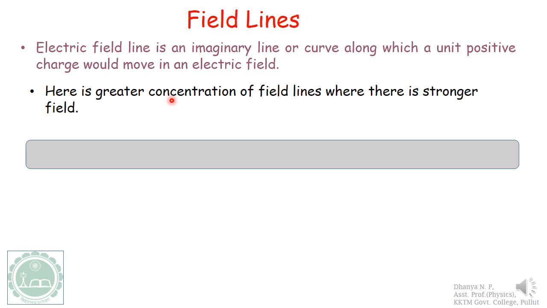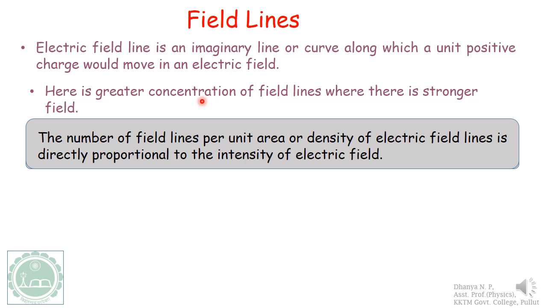If there is a greater concentration of field lines, there is a stronger field, and the number of field lines per unit area, or density of electric field lines, is directly proportional to the intensity of the electric field. If the intensity is greater, there will be a larger number of field lines per unit area.